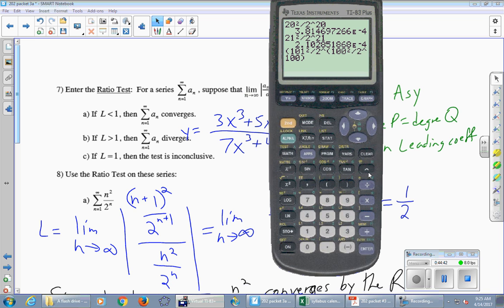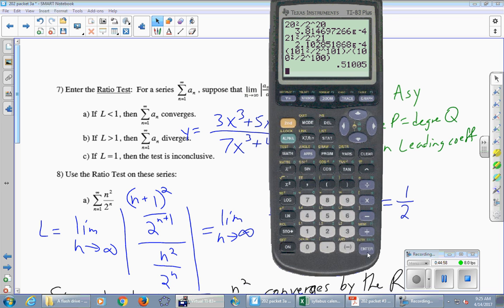I don't know how close it's going to be, but what am I hoping to get roughly when I divide next one over current one? Hoping it's going to be close to but not equal to 1/2. So in this case, the next term was about 51% of the current term.